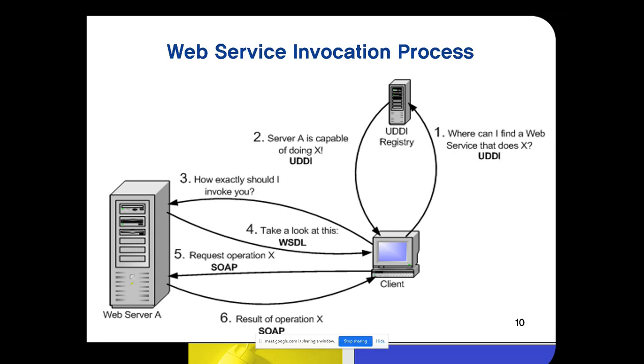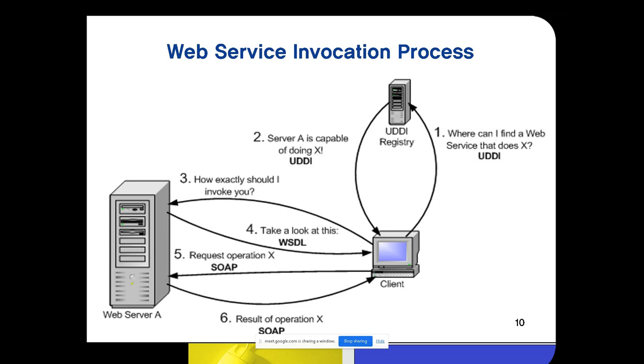UDDI stands for Universal Description, Discovery and Integration. This particular situation happens under the UDDI registry. This UDDI registry will take care of all the web service details within it.